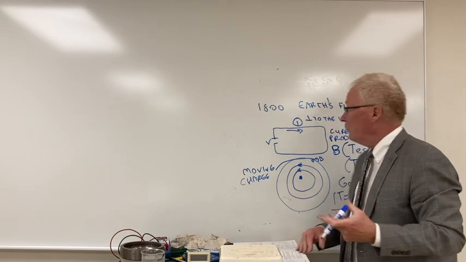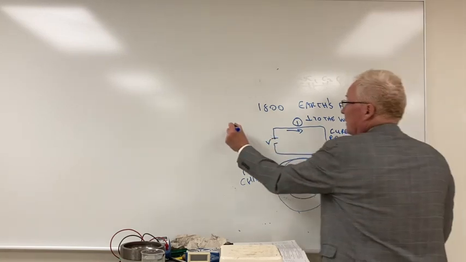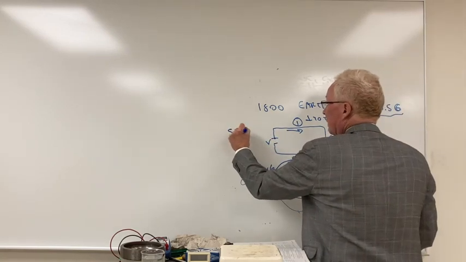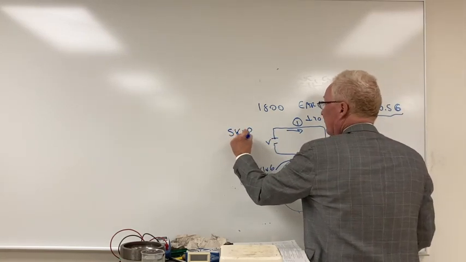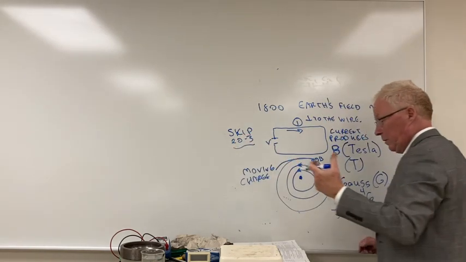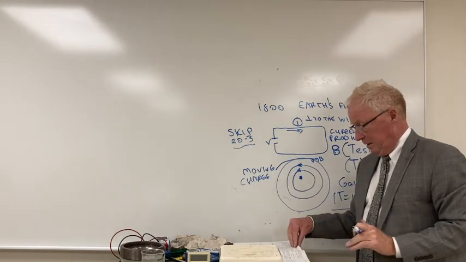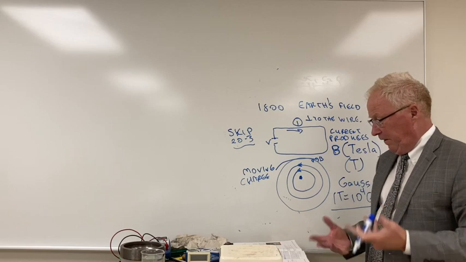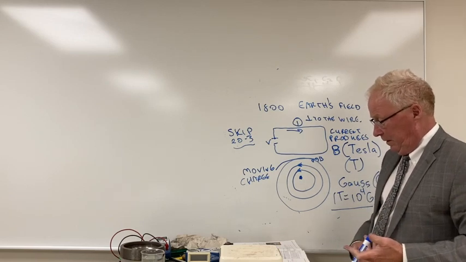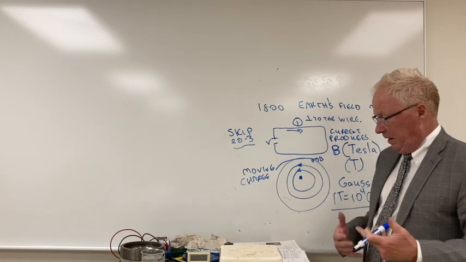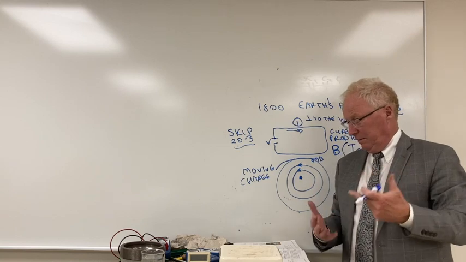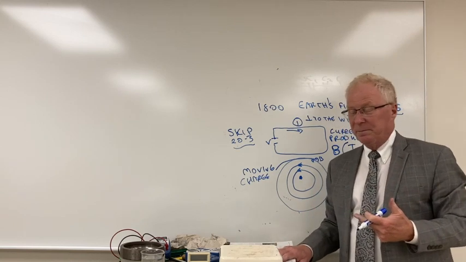Now, we're going to skip section 20.3, which is force on a wire. We're going to skip that, because then we're going to look at the effect of a magnetic field on a charge.